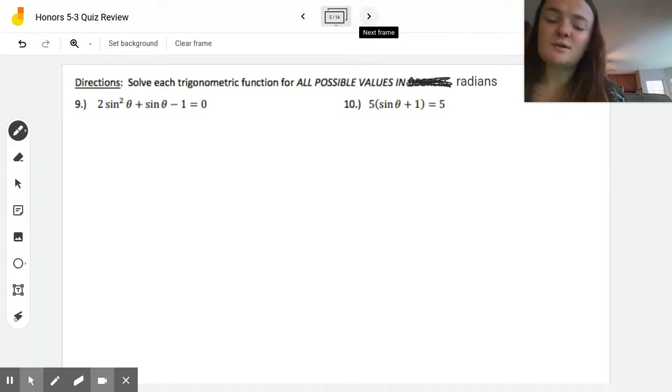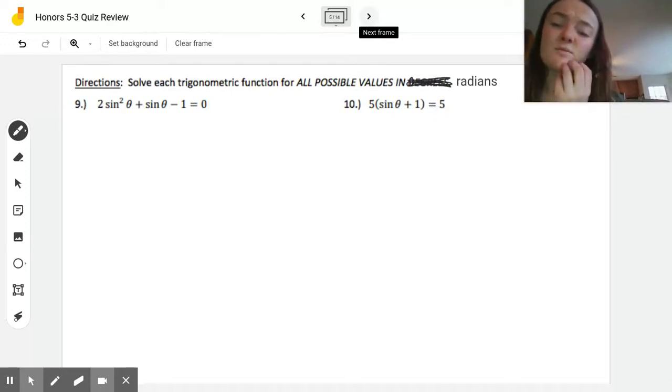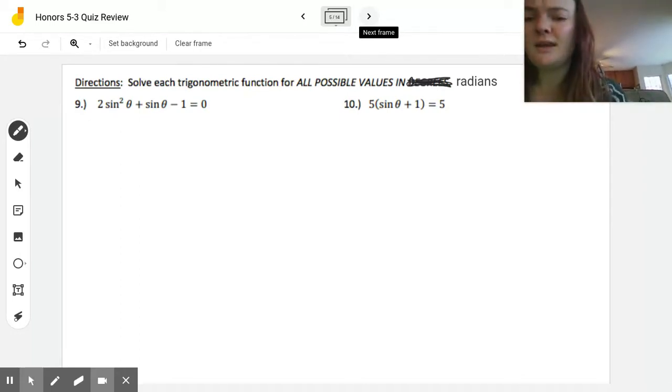All right, so for this one, 2 sine squared theta minus sine theta minus 1 equals 0. This looks like a factoring question. 2 times something squared plus something minus 1 is equal to 0. So I want to know, can I basically factor this? The way that I usually start factoring is I start with the first term.